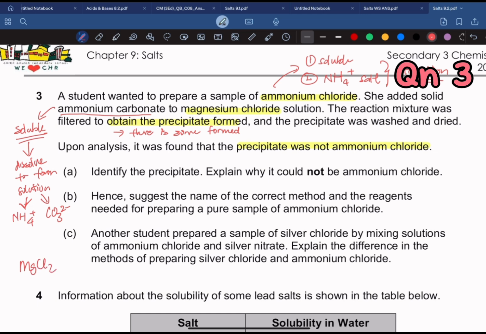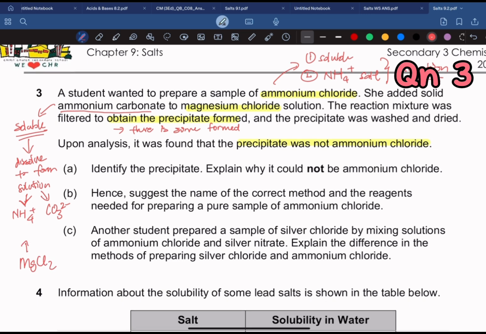My MgCl2 solution has Mg2+ and Cl- ions coming out from it. So I am just going to focus on the ions here because in the precipitation method I want to see whether any of these ions will form a pair that will give me an insoluble substance.